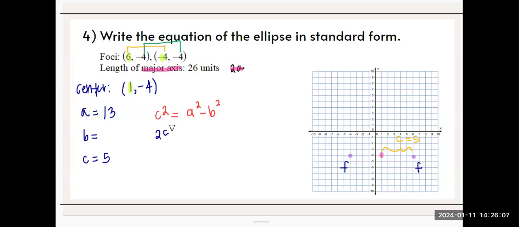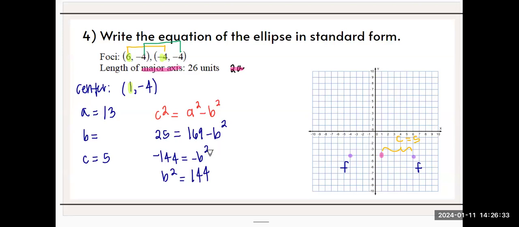So we get -144. And then we can divide by -1 or switch the sides. Make it positive. Okay. Yep, that's right.